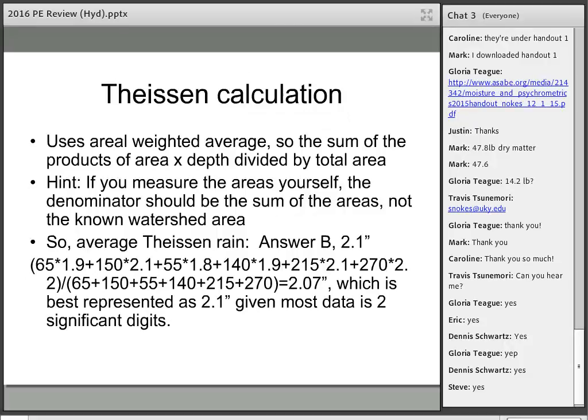So here's how you calculate it, and I just mentioned it. And this one hint in the middle here is important. A lot of times when you're dealing with this in a problem, you wouldn't have this on the exam because nobody's going to have planimeters with them, which is a mechanical device to measure areas. But if you're doing it in the office, you may use a planimeter to figure out what the areas are.